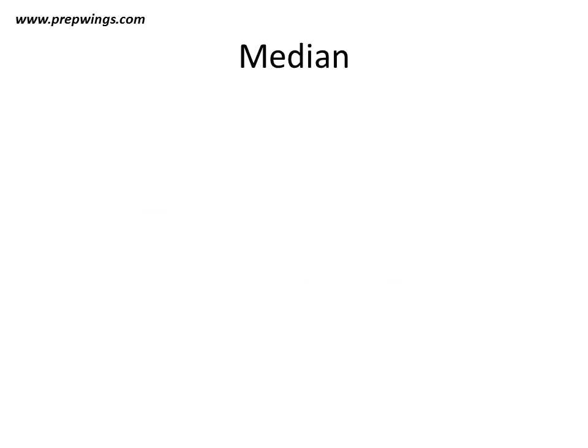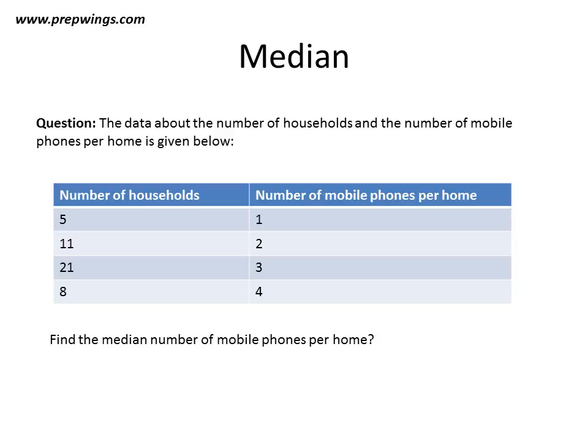We'll look at an example now. The question says the data about the number of households and the number of mobile phones per home is given over here. If you look at this table, the first column gives the number of households and the second column gives the number of mobile phones per home. We have to find the median number of mobile phones per home.